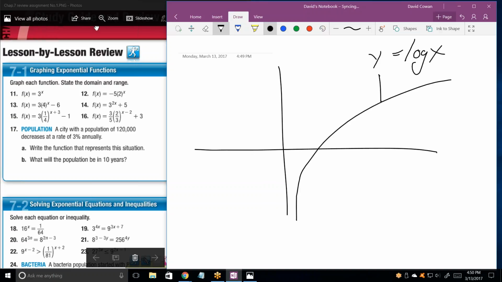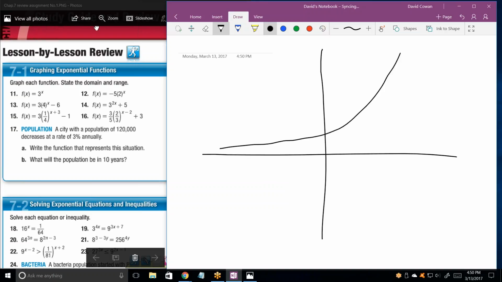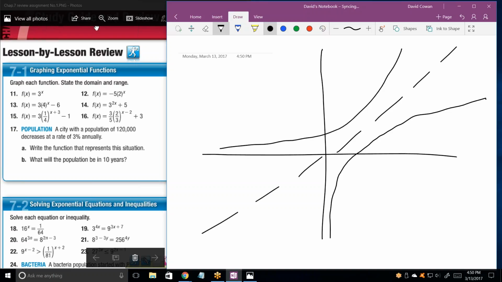And in fact, I hesitate to tell you this because it can be quite confusing, but realize that these are inverses of one another. This is y equals e to the x, and this is y equals natural log of x.